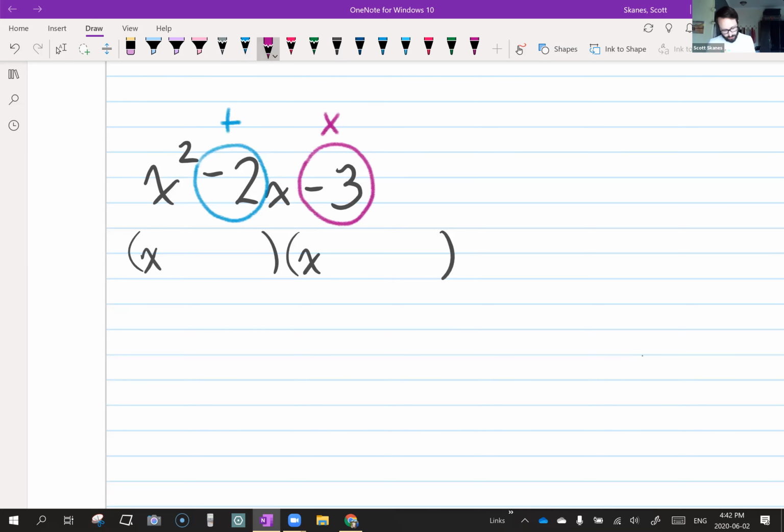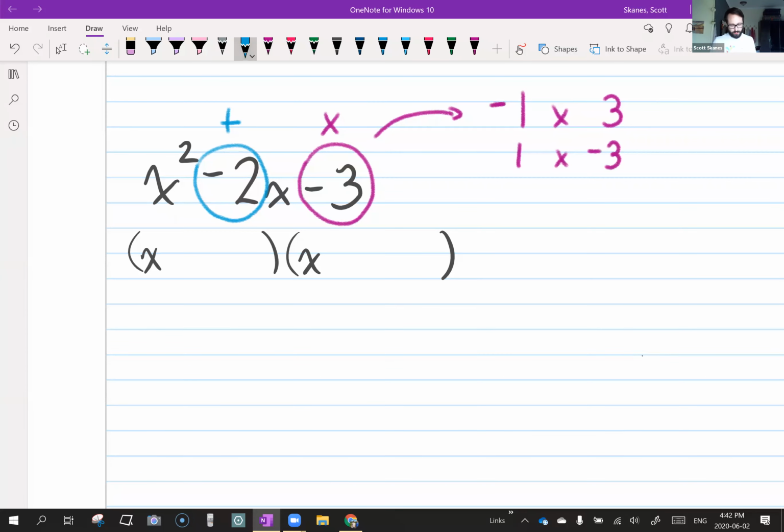So the first thing you should do is consider, what are all your factors of 3? Well, you can only make 3 in one way. It's 1 times 3. How do you make -3 though? Well, you either have -1 times 3 or you're going to have a 1 times -3. Those are your only two possibilities. So those are your multiplications.